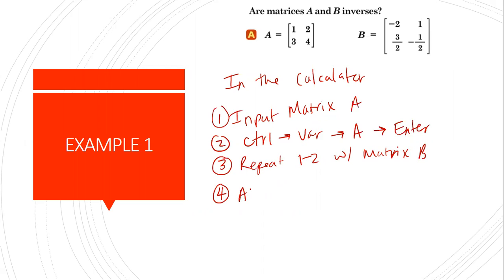So you're going to test product A times B and see what it equals. You're going to do A times B and you're going to do B times A. If they equal the identity matrix, then it's a yes. If they don't equal the identity matrix, then it's a no.